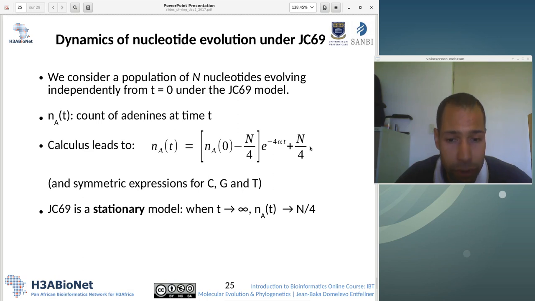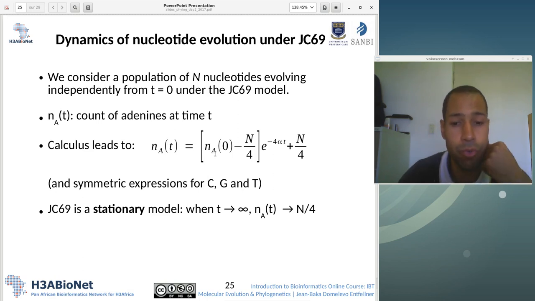So this expression here pertains to nucleotide A, adenine. You have also exactly the same expression for nucleotides C, G, and T. Cytosine, guanine, and thymine. So what can we say from this expression?